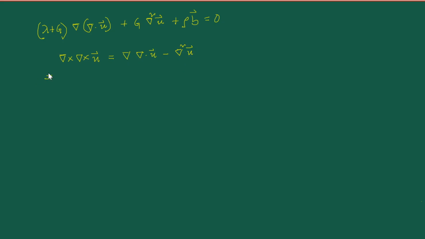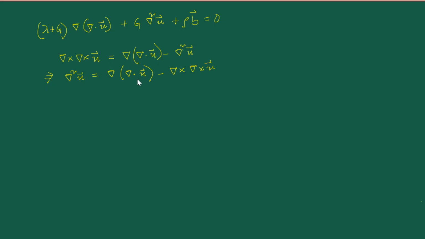So the Laplacian of u is equal to grad of the divergence of u minus the curl of curl of u.